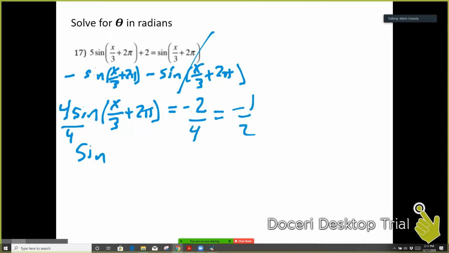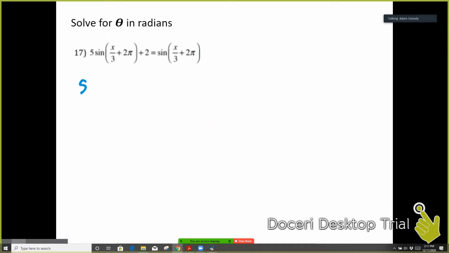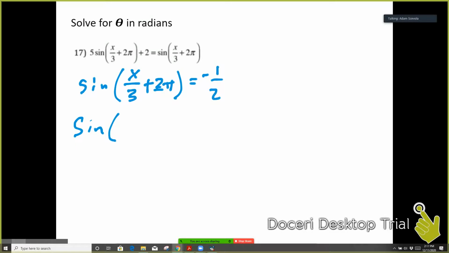So I'm just going to erase everything and write it nicer. The sine of x over 3 plus 2 pi is equal to negative 1/2. Now I know that, in degrees, the sine of 210 and 330 would equal negative 1/2.